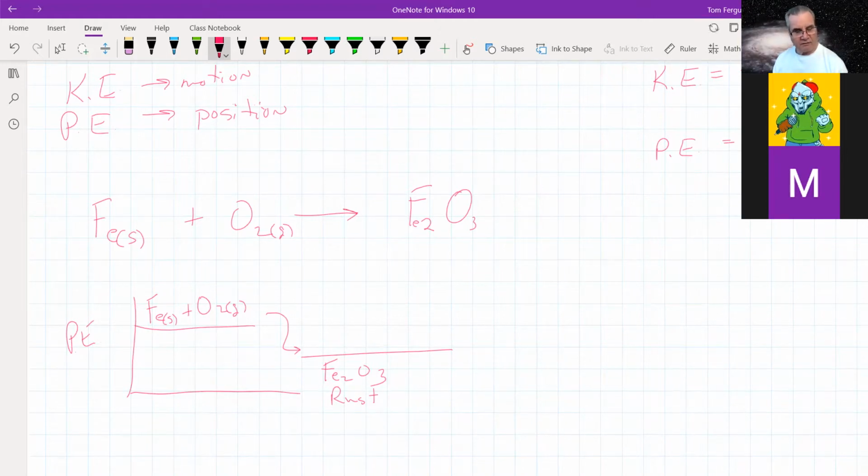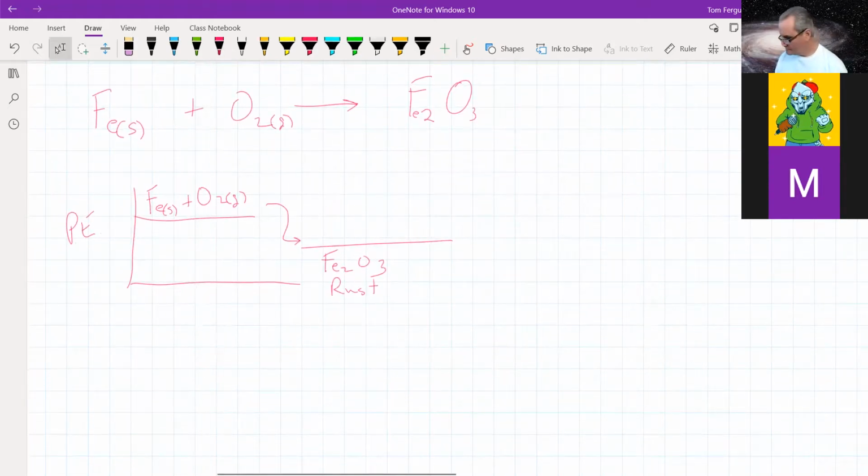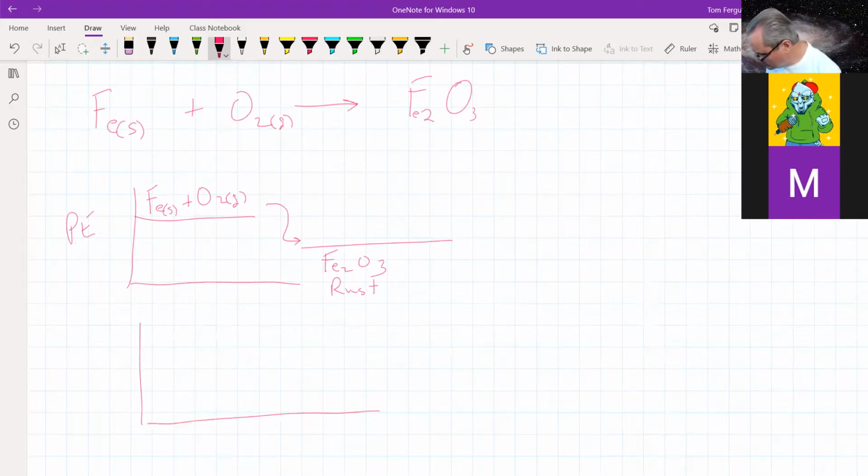Now, can we convert the rust back to shiny metal? I know you can remove rust from things, but does that turn it back to the same?